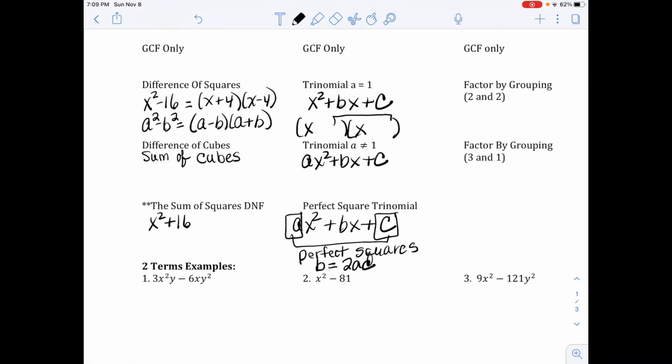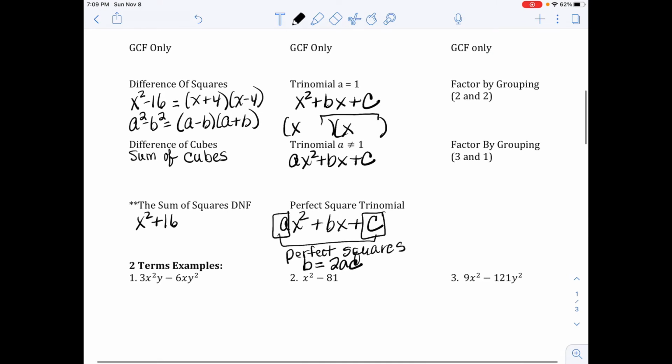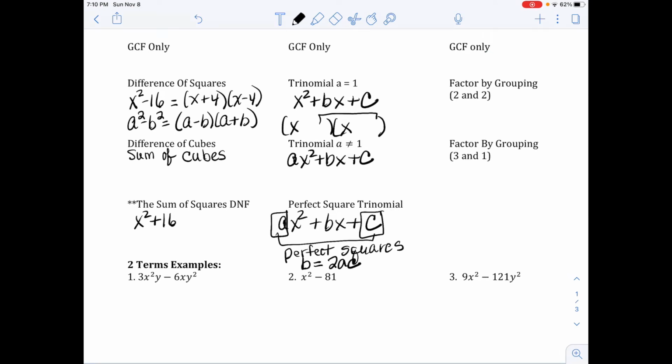I will go ahead and put down the sum and difference of cubes patterns, but again, we're not going to work on that pattern until we get further down.